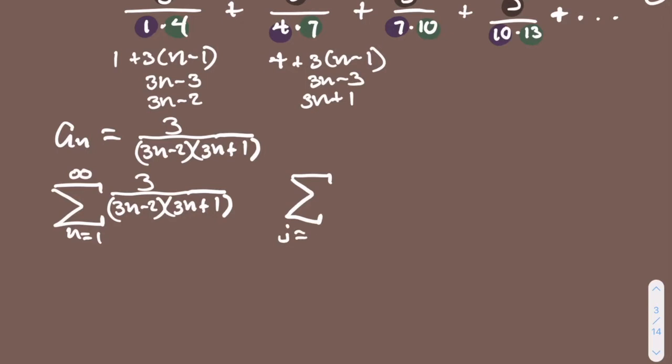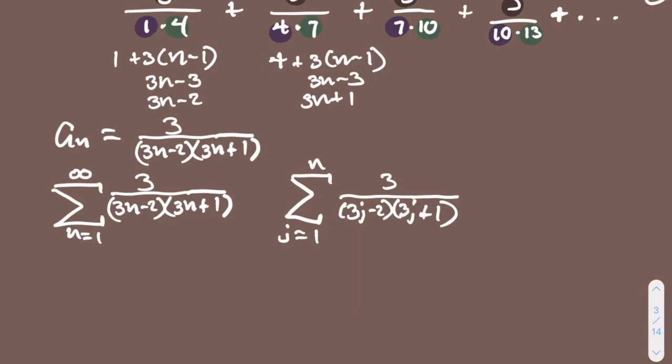So j equals 1, and we're going all the way to n because we're going to find the first n terms. And that's now 3 over 3j minus 2 times 3j plus 1. And that's what that looks like.